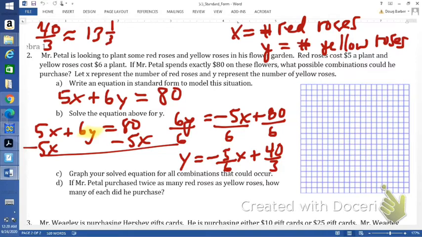So let's graph. So 13 1/3, we got to go up 13. It's going to put us about right there. Alright, and then we're going to go down 5 over 6.